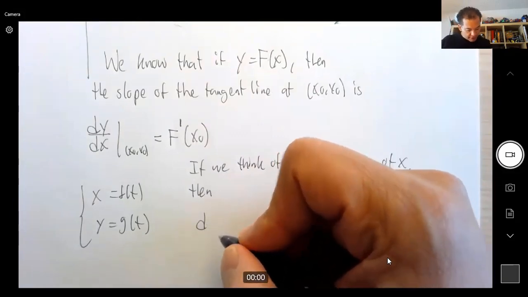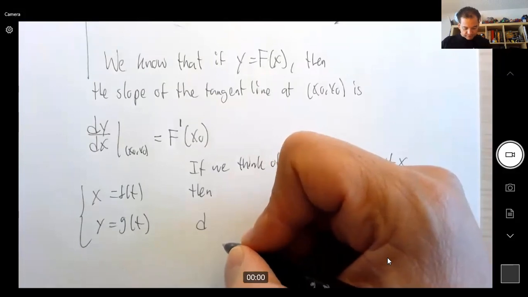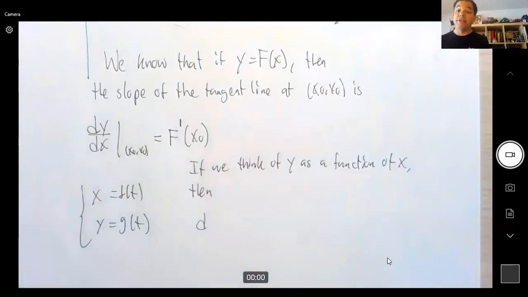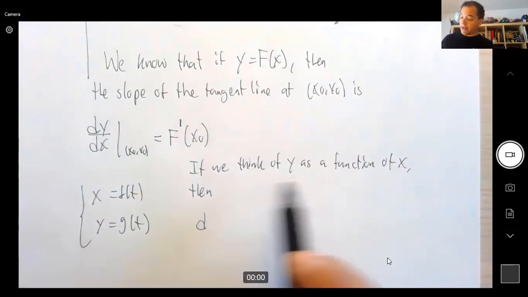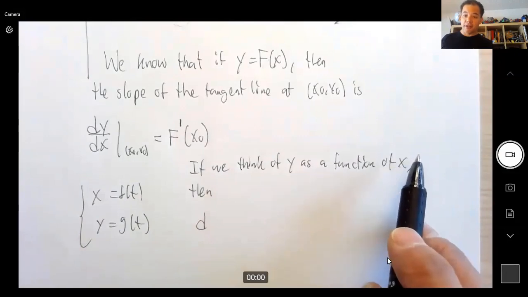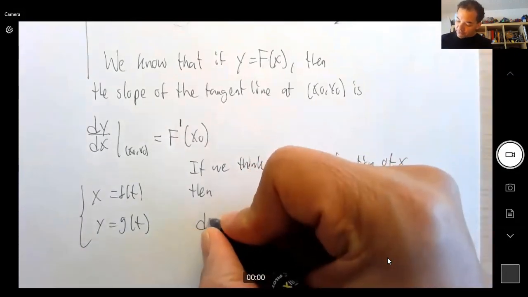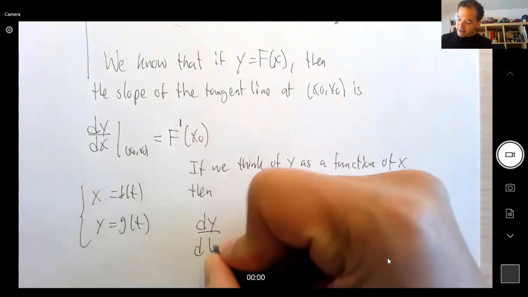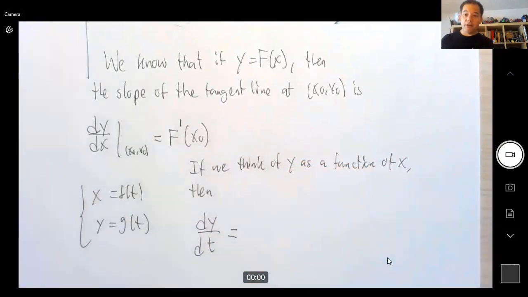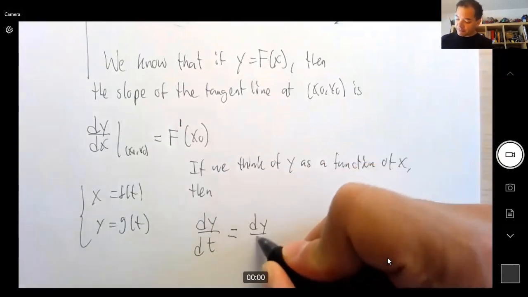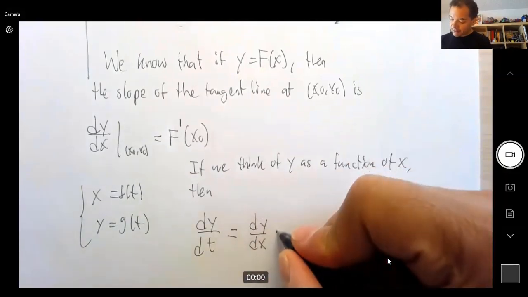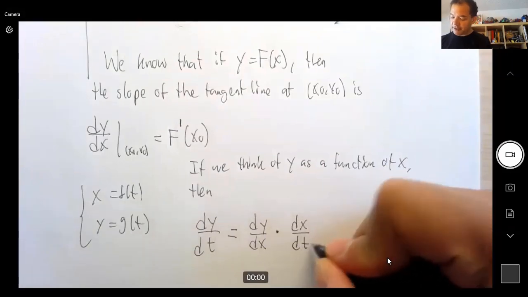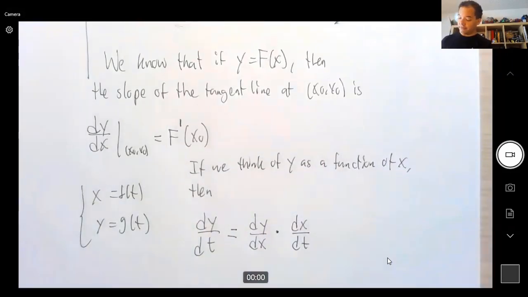I want to do the derivative of y with respect to t, right? So x is a function of t and y is a function of t, but I'm also thinking of y as a function of x. So if I do the derivative of y with respect to t using the chain rule, well, y is a function of x. So it will be the derivative of y with respect to x, chain rule, times the derivative of x with respect to t, right? That's the chain rule.